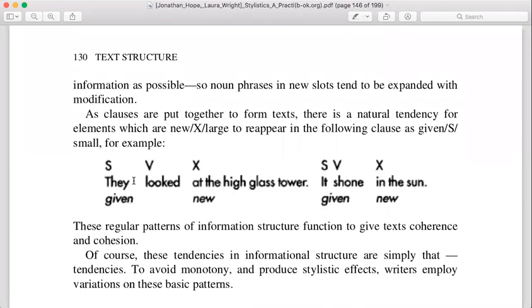Okay, as far as your question is concerned, would it always end with the new information? Yes. Why? Because the next sentence would start with the given information. Okay, but the first thing in the text, if it is a proper text, it would start with something that you do not know about, right?